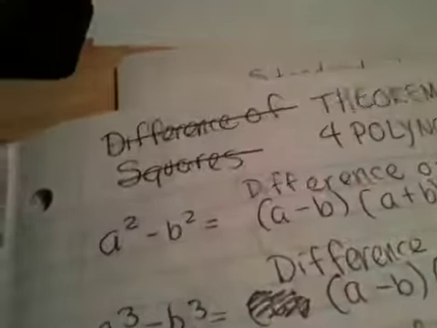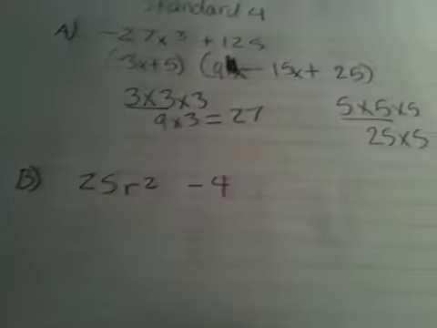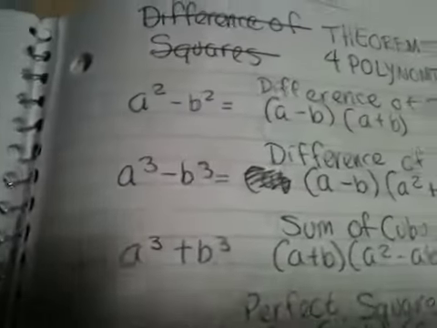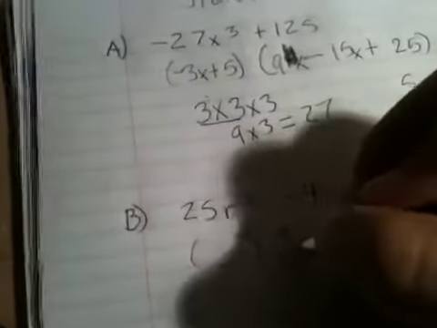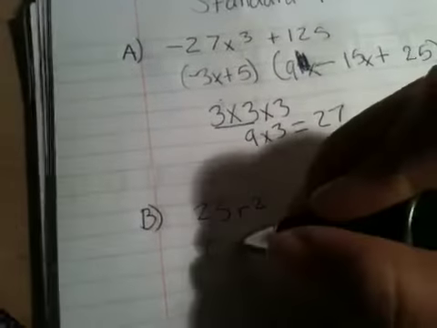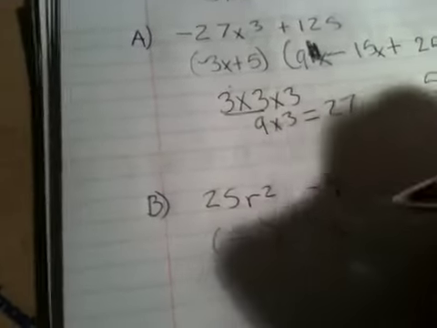Anybody identify it? Anybody? It's the difference of squares. Alright, real simple answer. It's 25r squared minus 4. So what does the difference of squares say? a minus b times a plus b, right? So we set up our parentheses, minus, plus.